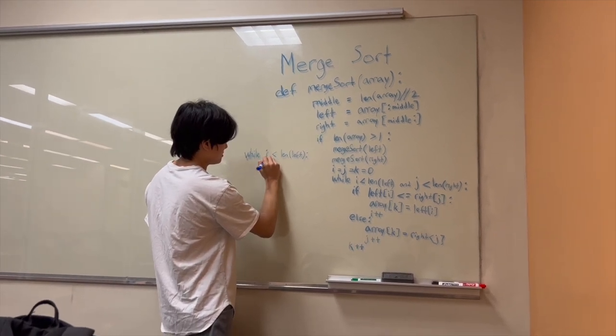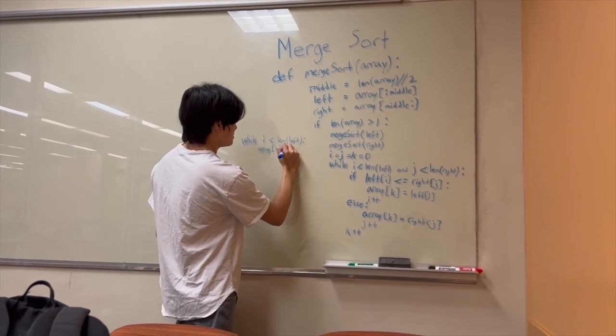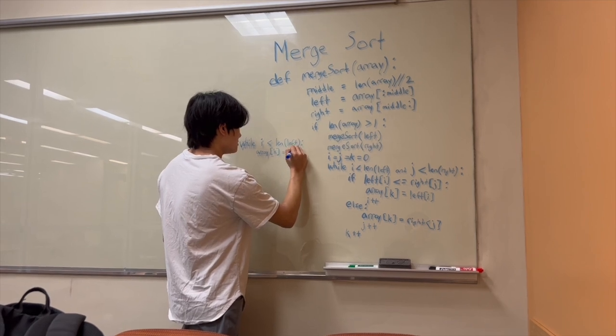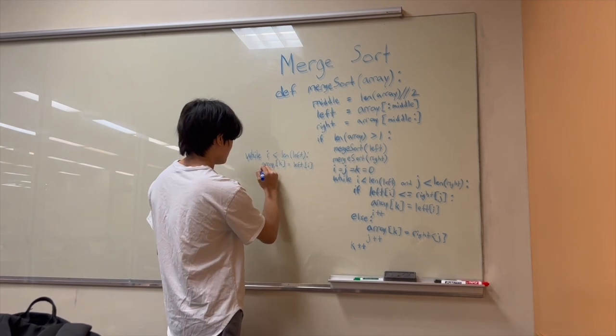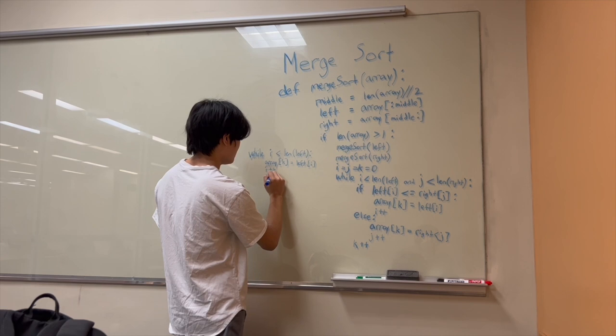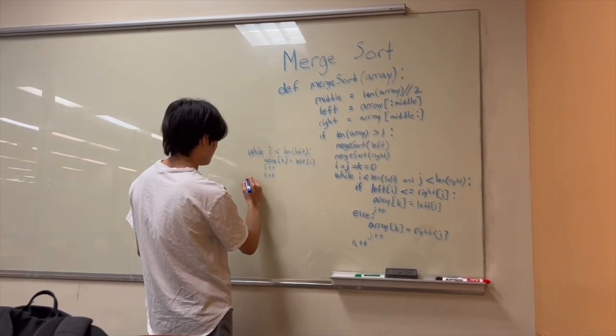So array k equal to left i, increment i by 1, increment k by 1. And then same thing for the right subarray.